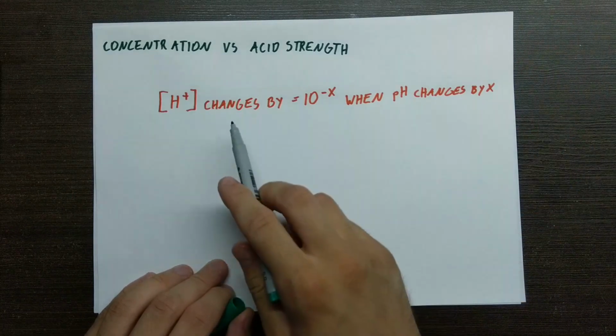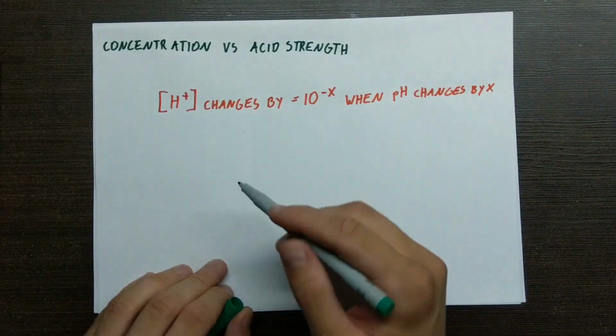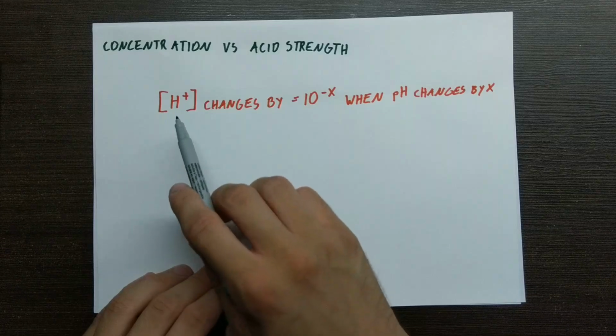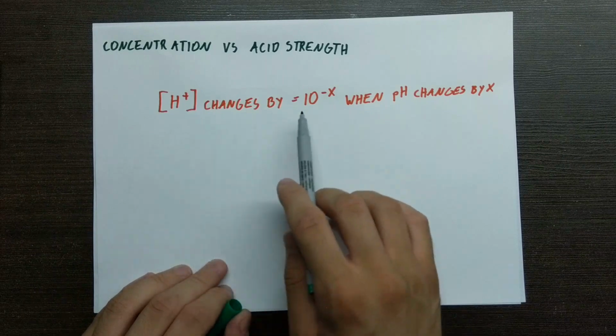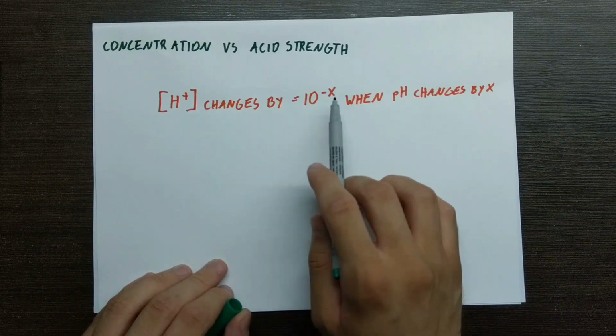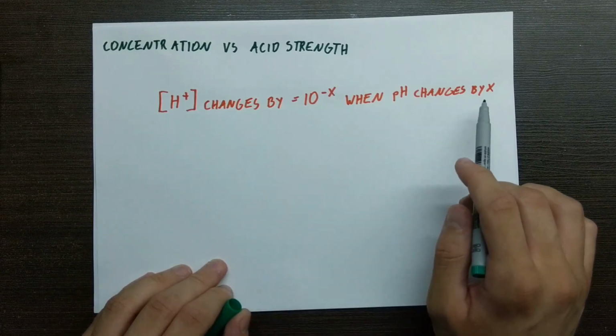Now, the important rule here is that the H plus concentration changes by 10 to the power minus x when pH changes by x.